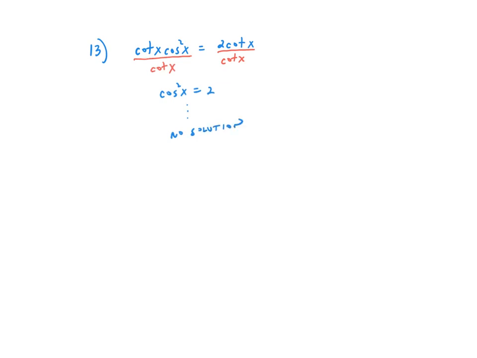So by dividing by cotangent of x, you're making the equation smaller. You're denying yourself of that other opportunity that we just saw. That's why I'm saying before we use our factoring technique, make sure we have trig expression on one side, 0 on the other side.